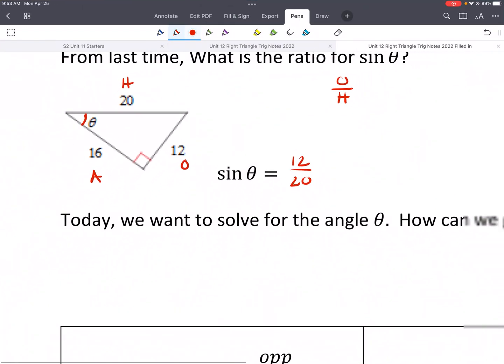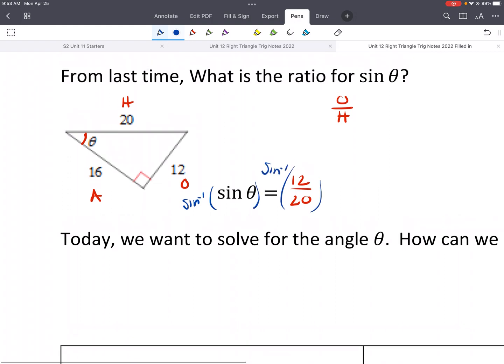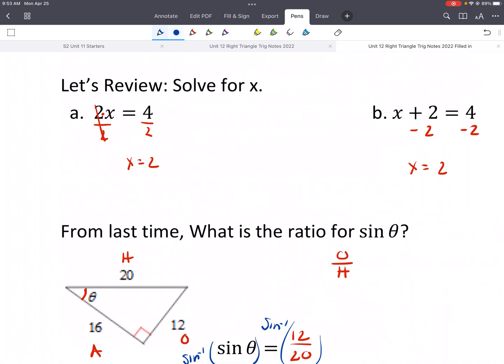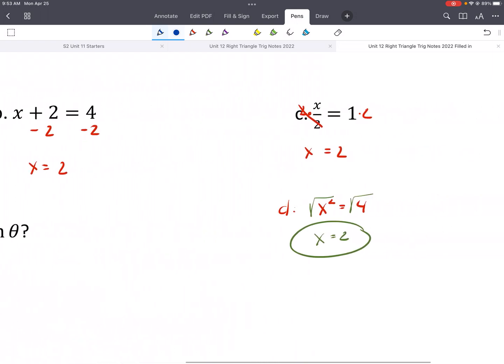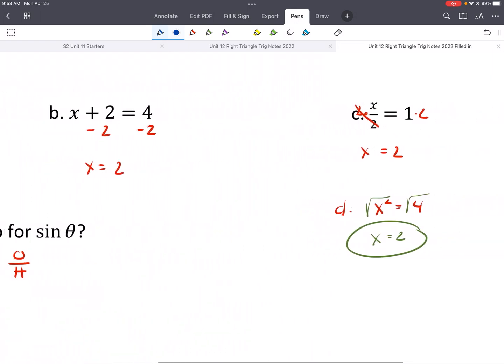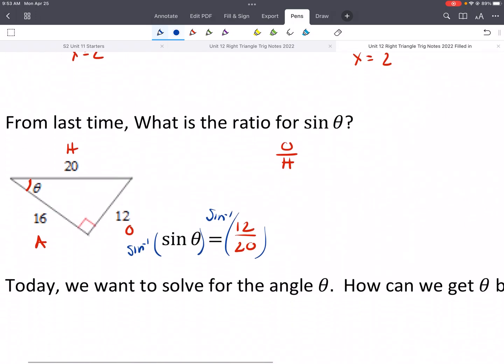All right, so if we want to get theta by itself, what we need to do is use the sine inverse of both sides. Okay, just like here, we divided both sides by 2, or we subtracted 2 from both sides, or we multiplied both sides by 2, or we square rooted both sides. Okay, same sort of thing.